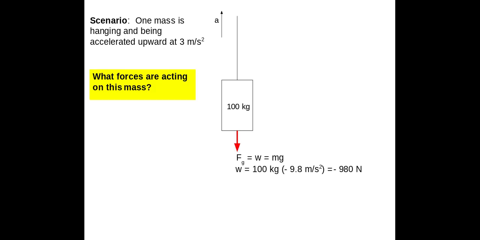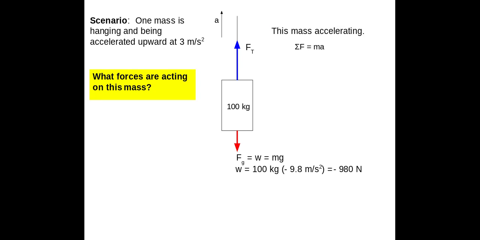So next scenario. What if this object were accelerating upwards at 3 meters per second squared? Again, what are the forces acting on the mass? We still have the weight due to gravity going down. It's still negative 980 newtons. But we have a different tension pulling this object up because it's accelerating.